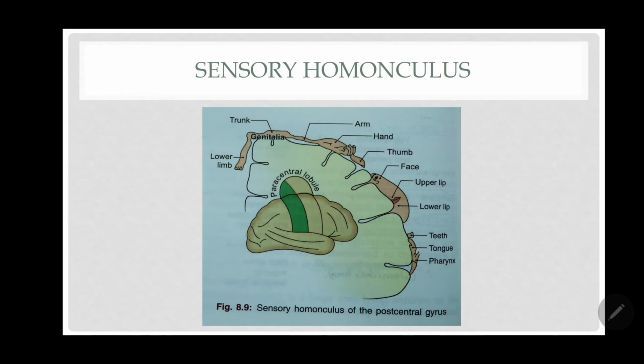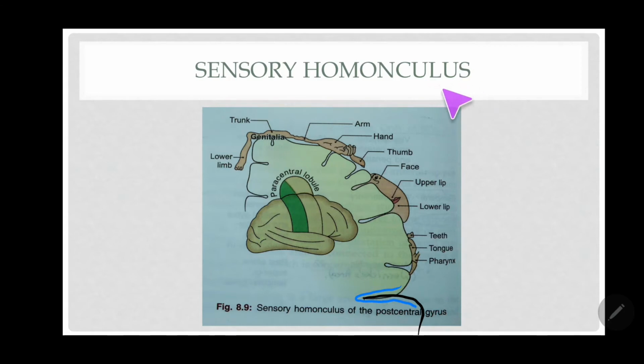Okay, and one more thing before moving away from this slide. This is the postcentral gyrus, and down below you will find the temporal lobe. In between the temporal lobe and the parietal lobe there is the operculated sulcus, and this is the posterior ramus of the lateral sulcus.